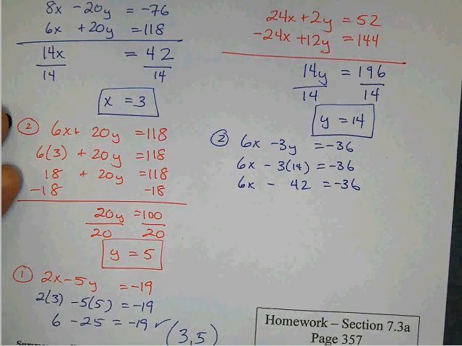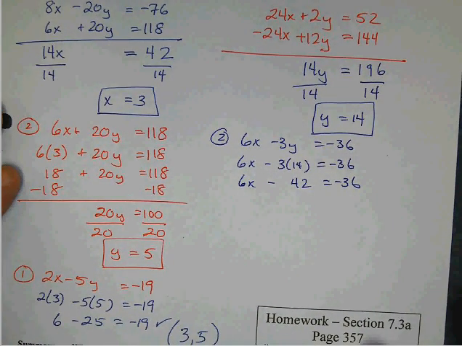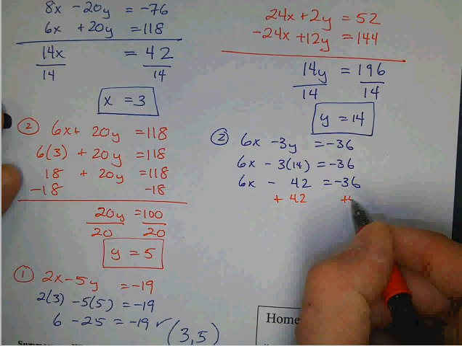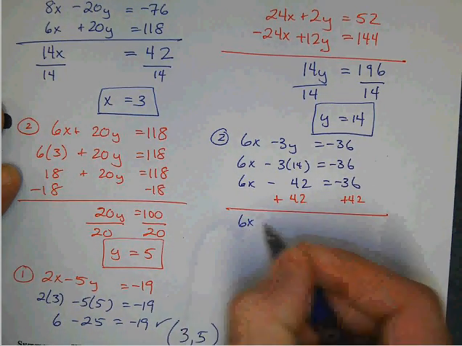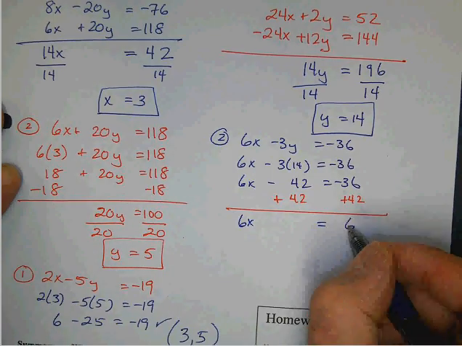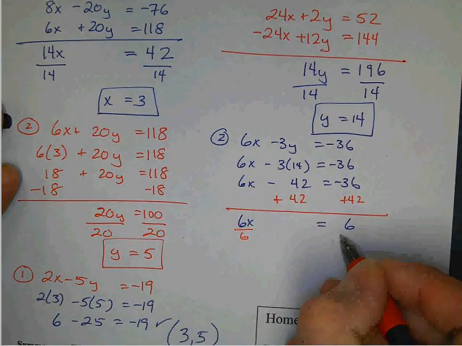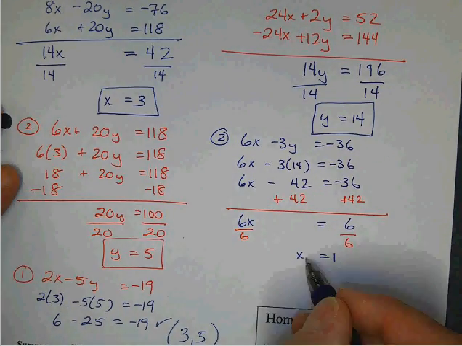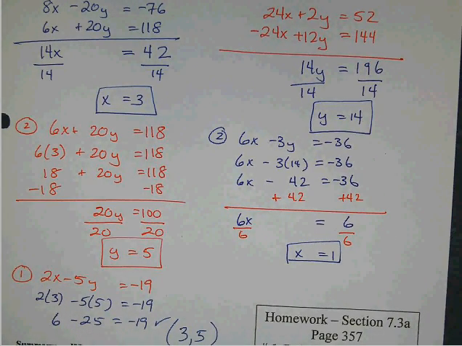Am I going too fast? Slow down a little bit, sorry. I'm going to add 42. So 6x equals 6. That's way too conveniently nice. X equals 1.